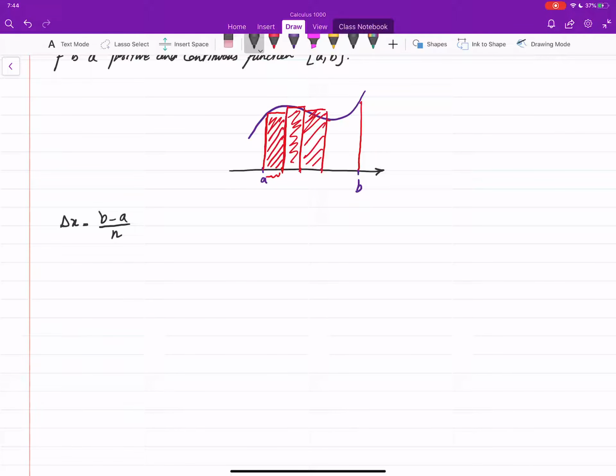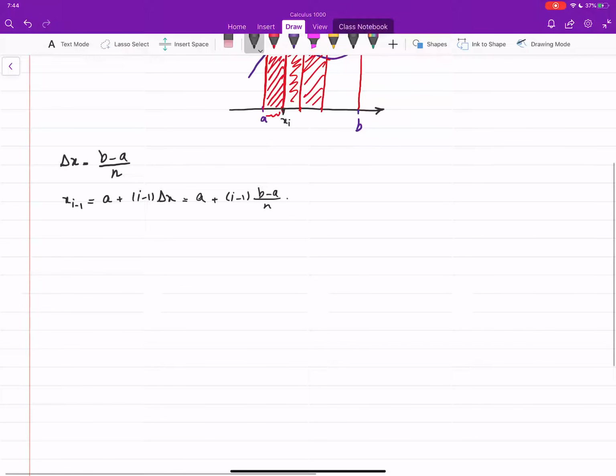Then, instead of a right endpoint, which was x_i on the ith interval, we use the left, which will give us x_{i-1}. So x_{i-1} is a plus (i minus 1) delta x. You can write a bit more there: (i minus 1) times (b minus a) over n.